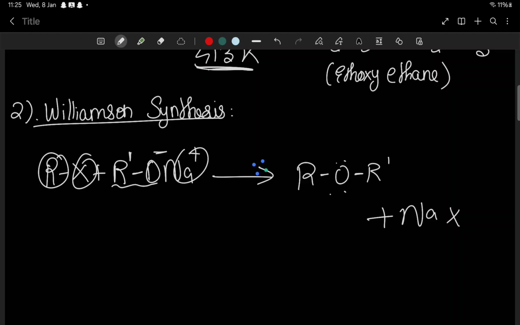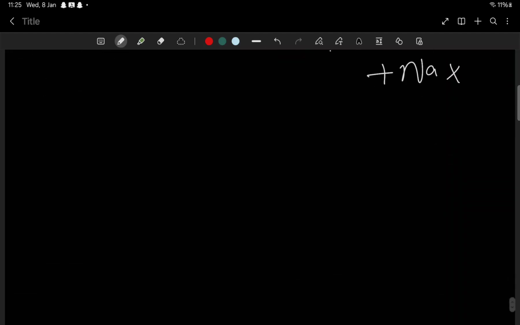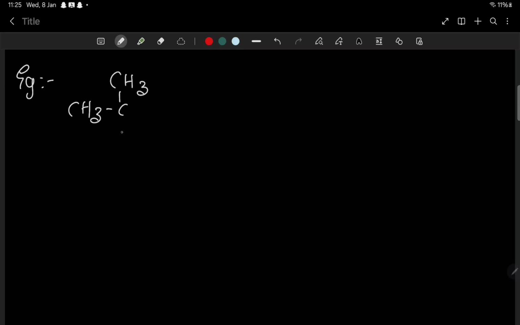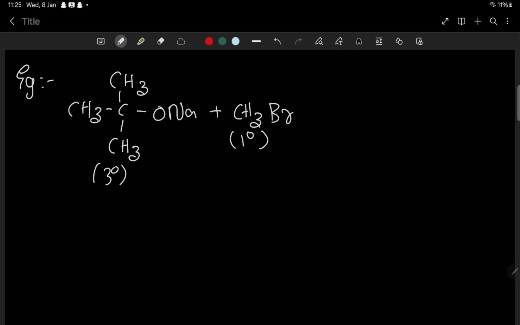Look, in this reaction, the most important part to note is, I'm giving you an example. Take CH3 ONa, this compound, plus CH3Br. Here this is primary and this is tertiary. If the alcohol salt is tertiary and the haloalkane is primary, the reaction will proceed.